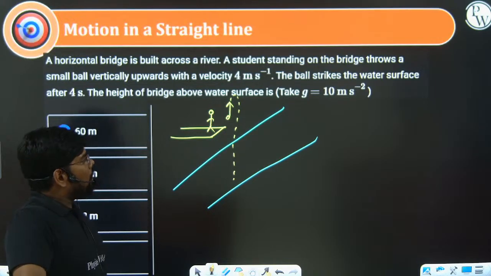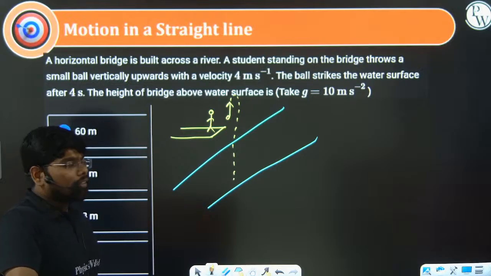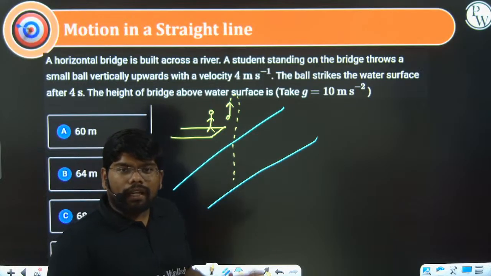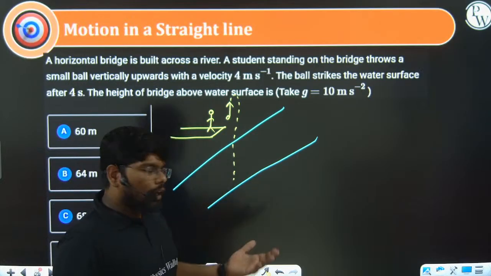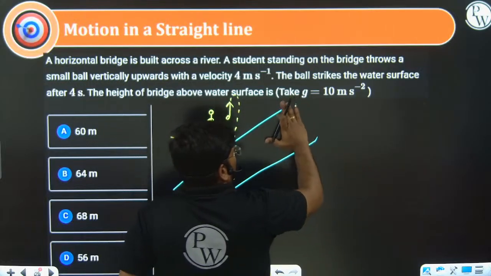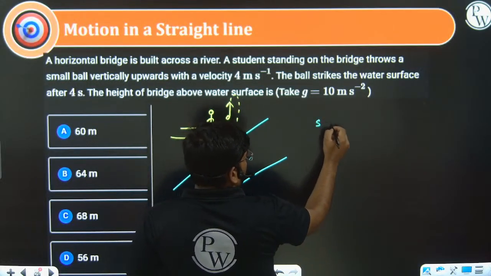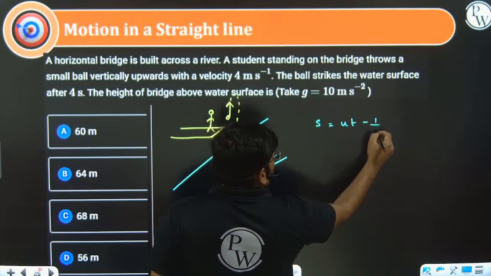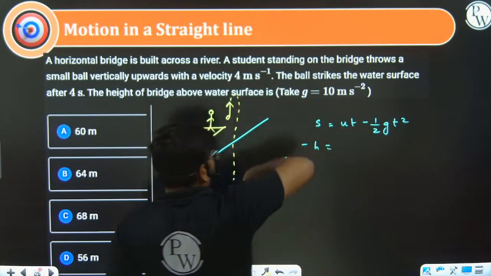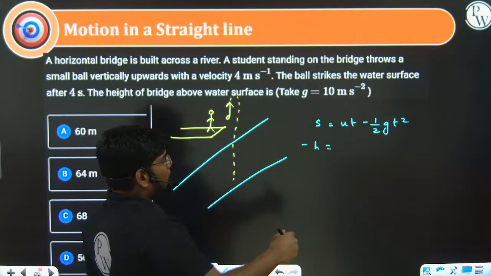Again they gave time, they're asking height, which is nothing but displacement. If you know time, how to calculate displacement? That is the displacement time relation, S is equal to ut minus half g t square. Here S is minus h because finally displacement is down, negative.